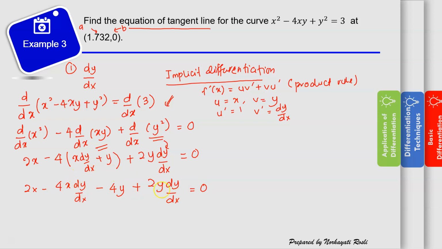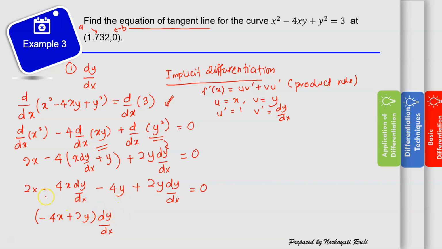Now we need to rearrange this such that dy dx becomes the subject. So we have negative 4x plus 2y, this term and this term, times dy dx, where I factorize this part.